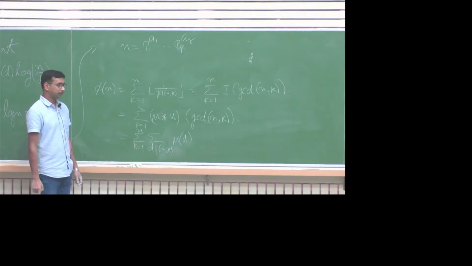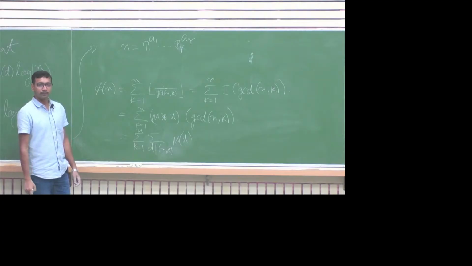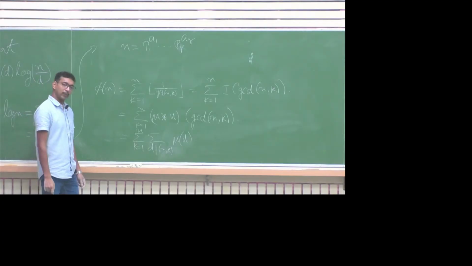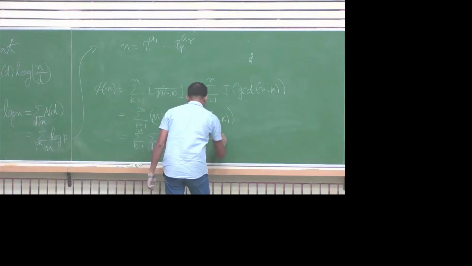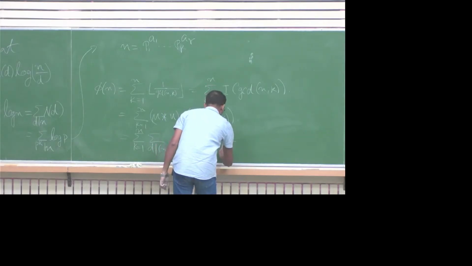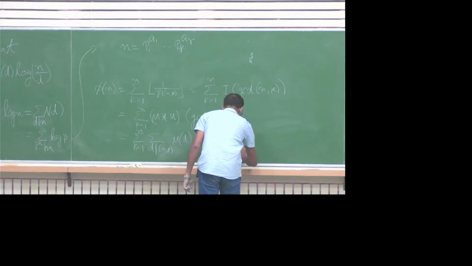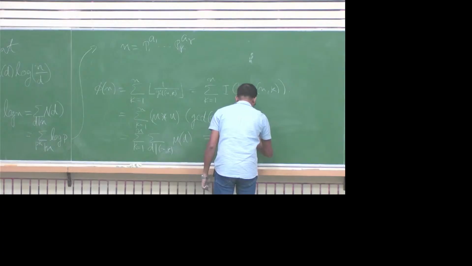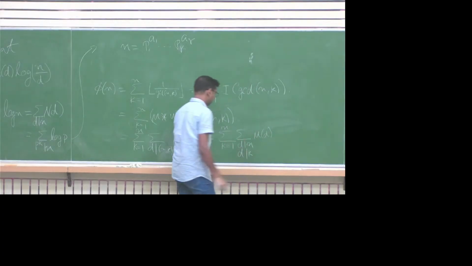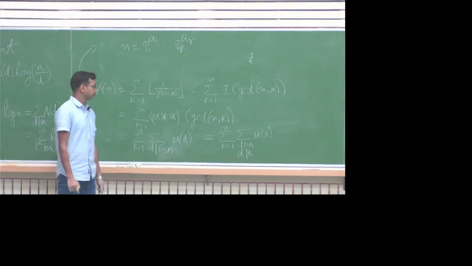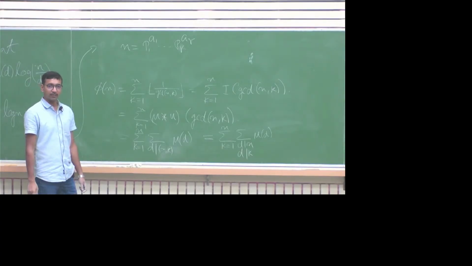Now d divides GCD of n comma k means d divides n and d divides k. So this is summation k running from 1 to n, summation over d dividing n, d dividing k, of mu d. Now the sum runs over k equal to 1 to n and d divides k.